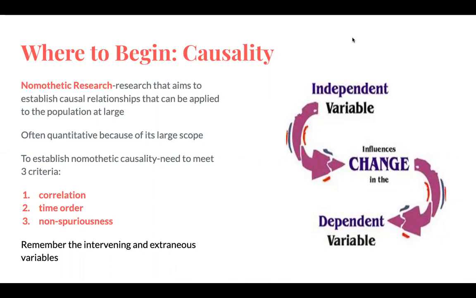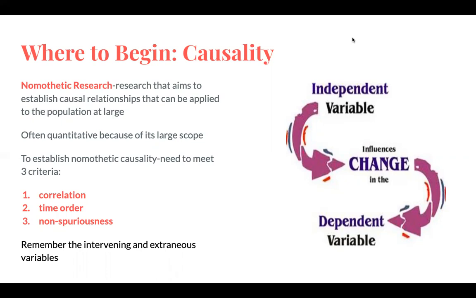You have a stronger claim at time order. It doesn't always have to be longitudinal. Sometimes some things are clearly before the dependent variable, and you can collect that information even cross-sectionally. But certainly, longitudinal data collection is normally able to establish causality much better than cross-sectional data.